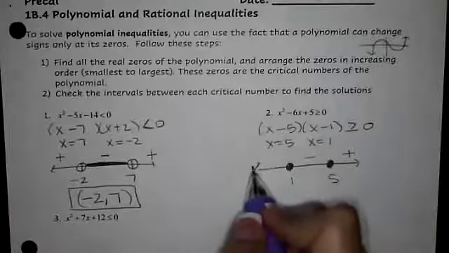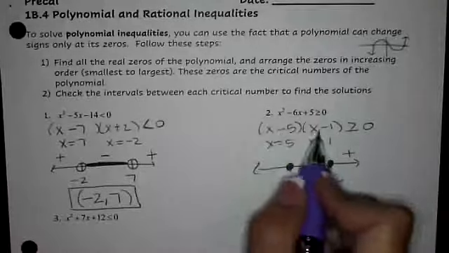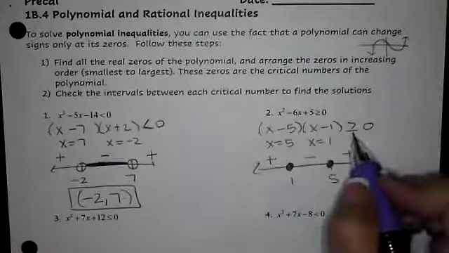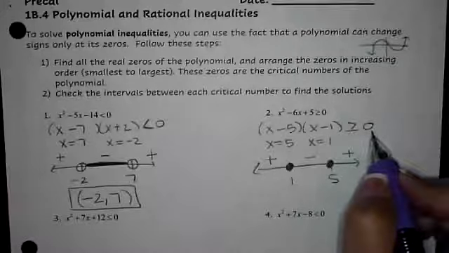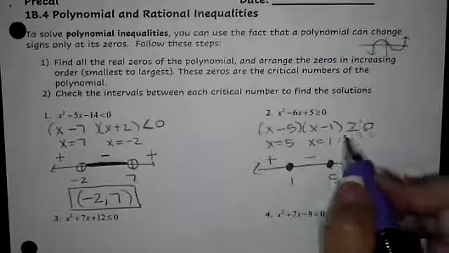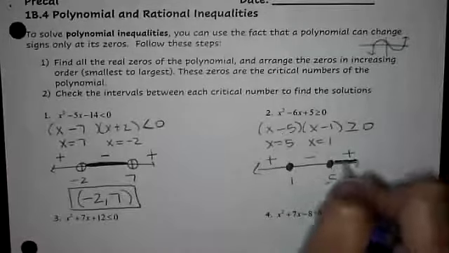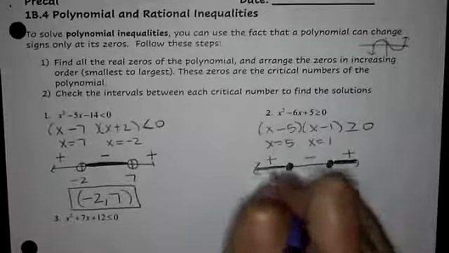And if I plugged in 0 here, that would give me a negative times a negative, which is a positive. Now we are looking for the values that are greater than or equal to 0. The values that are greater than or equal to 0 are the positive ones. So our solutions would be found here and here.